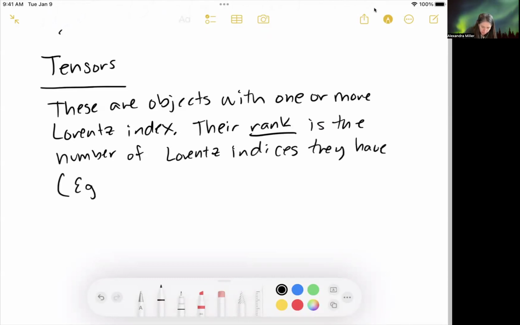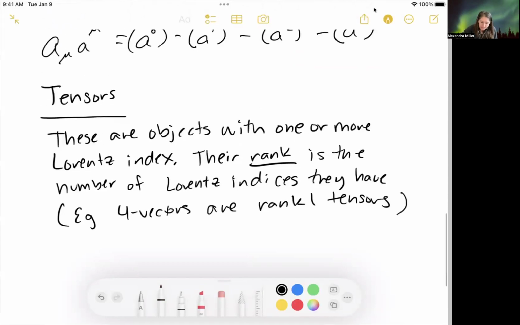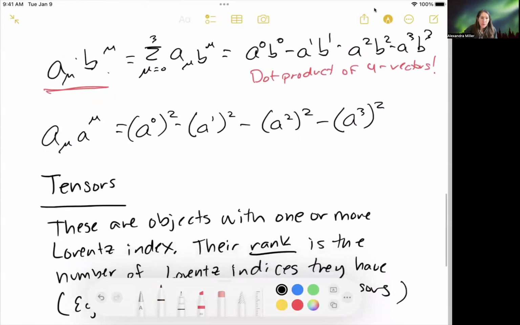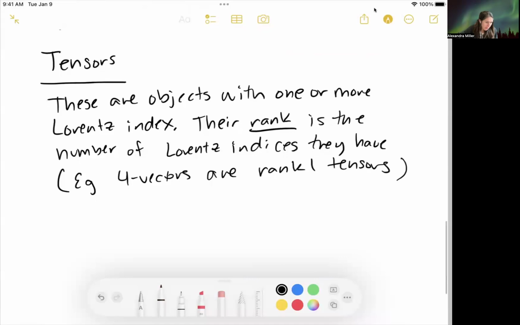So for example, 4 vectors are rank 1 tensors. And that's because they have just one Lorentz index, right? These objects, these A's and B's that I was just writing down that represent our 4 vectors, we just have one index. So these are known as rank 1 tensors.